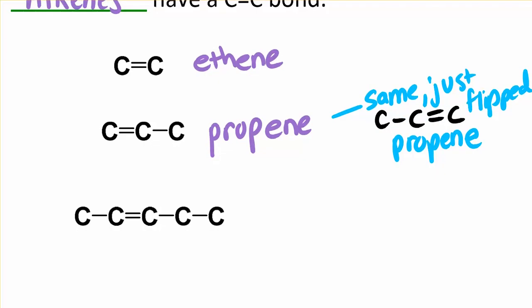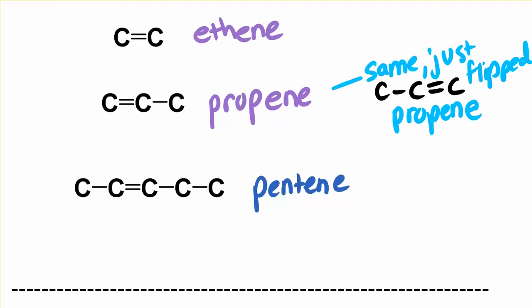What about this next one? It's bigger. Has 5. Okay, that makes sense. What about this though? What do we call that?